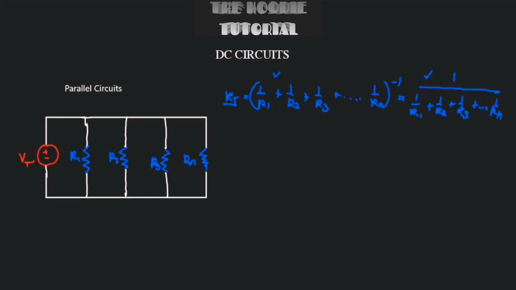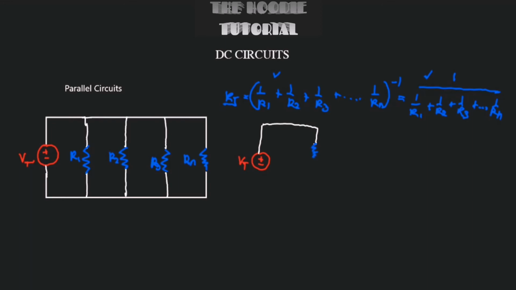When we already have the value of RT, we can find its equivalent circuit. If we redraw, we have a positive and negative. This would be VT. Since we have already the value of RT, our circuit will basically look like this.